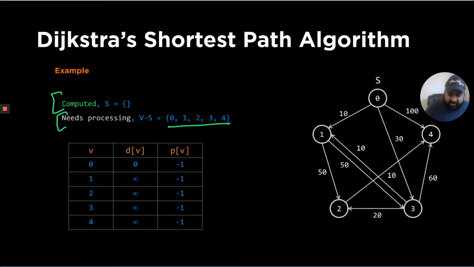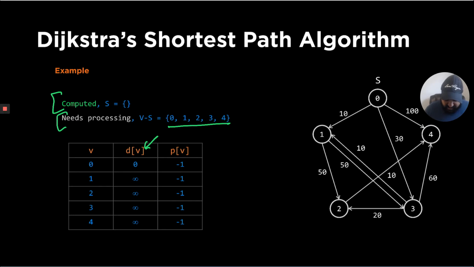This is a table where v refers to each of the vertex labels, so it's 0 to 4 in this case, and dv is the shortest path between the source vertex and the label v. PV is the predecessor on the shortest path that we require to reach the vertex v.